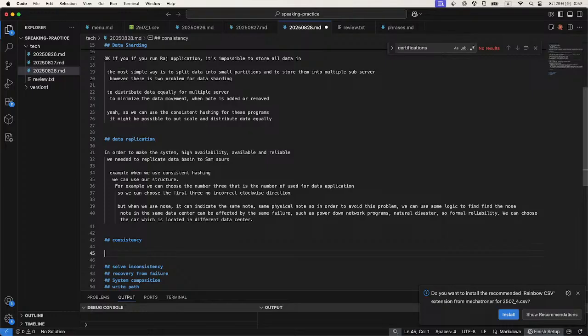For consistency, this is a little bit complicated, so I will write it down. The data is replicated by multiple nodes, so it requires synchronizing the data between replicated data.